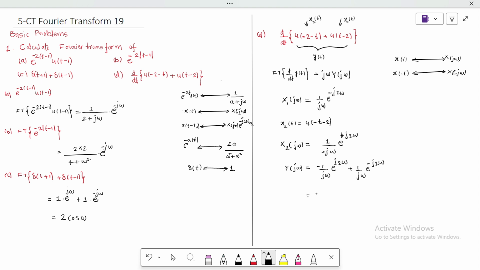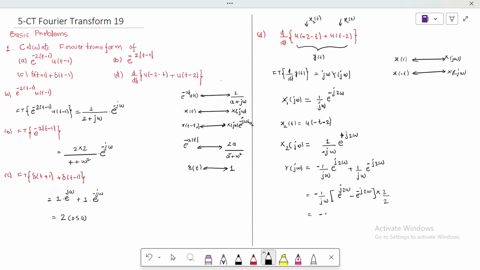So here minus 1 by j omega is common, times e power j2 omega minus e power minus j2 omega. This is the formula: e power j theta minus e power minus j theta equals 2j sine theta. Here we already have j, so multiply by 2 and divide by 2.